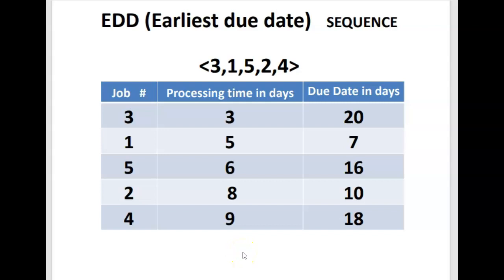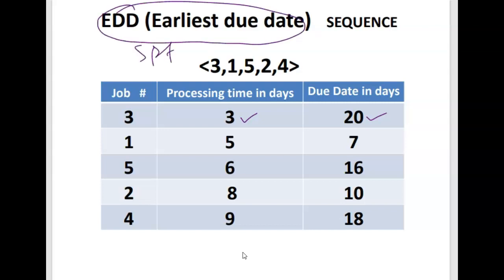Can you see? With the corresponding processing time and corresponding due date. Please, this is very, very important. Please ignore this. This is supposed to be SPT. Using SPT, it will be done in this priority.